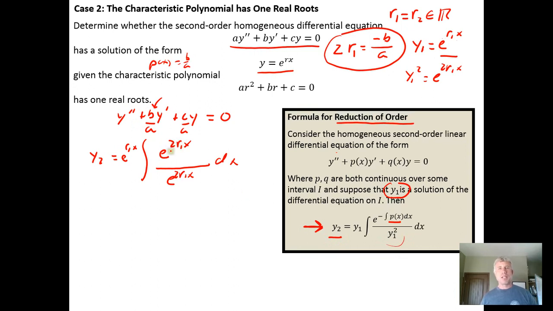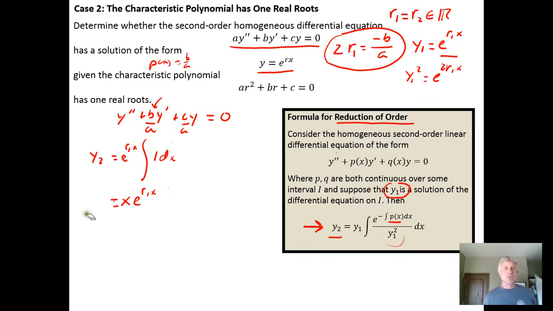When I do that, I get e to the twice r sub 1x divided by e to the twice r sub 1x, which is just 1. So we're just taking the antiderivative of 1 dx, which is just x. So we wind up getting e to the r sub 1x times x, or since the order of multiplication doesn't matter, x e to the r sub 1x.